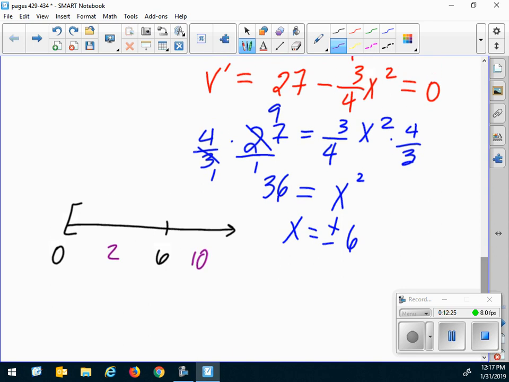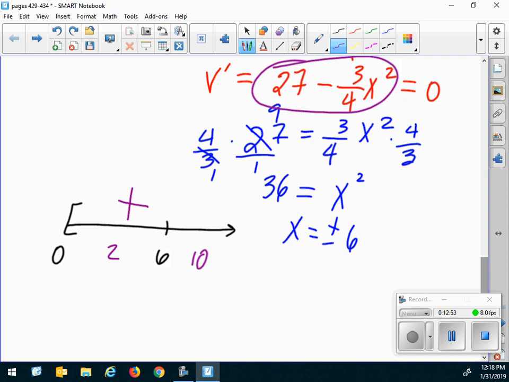If x is 2, 2 squared is 4, 3/4 of 4 is 3. 27 minus 3 is positive. Oh, well, I just know 10 makes it negative. No, you try it anyway.